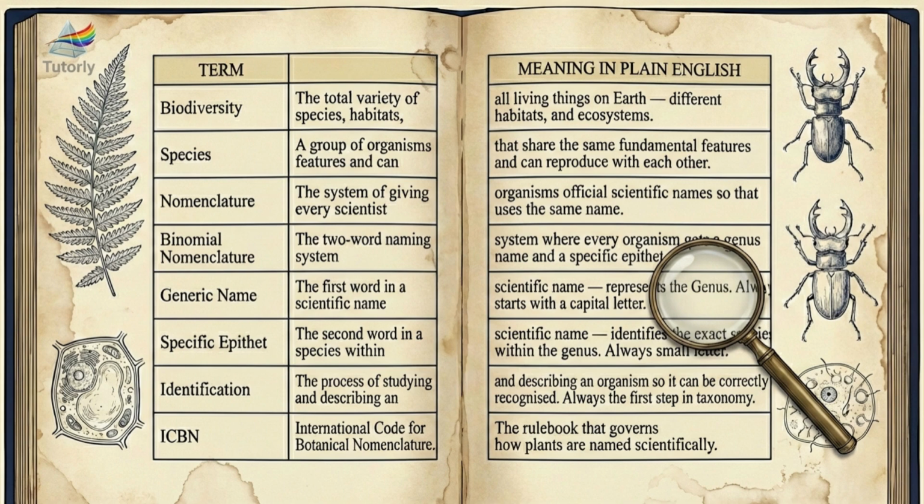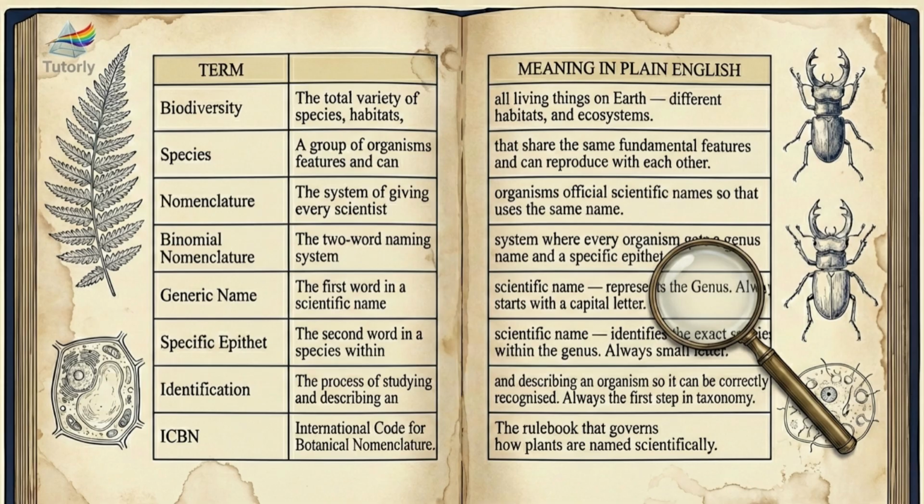Binomial nomenclature. The two-word naming system where every organism gets a genus name and a specific epithet. Generic name. The first word in a scientific name represents the genus, always starts with a capital letter. Specific epithet. The second word in a scientific name identifies the exact species within the genus, always small letter.